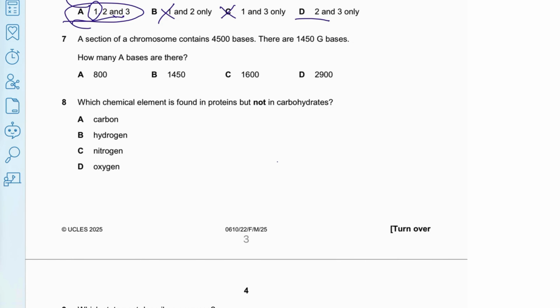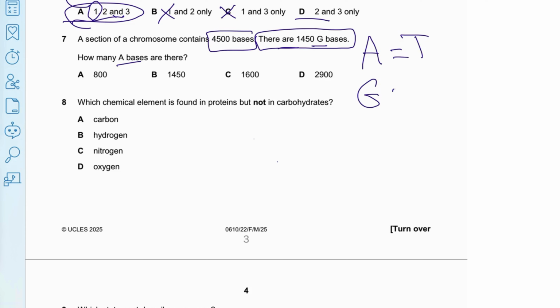Question 7. A section of a chromosome contains 4,500 bases. There are 1,450 G. How many are A? You have to remember this rule: A equals T and G equals C in number. So if we have a total of 4,500, and 1,450 is G, how many is C? 1,450, right?